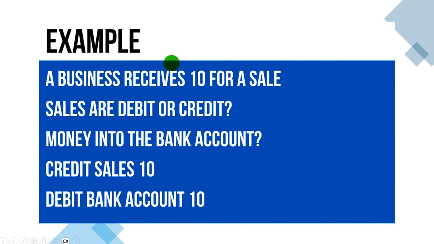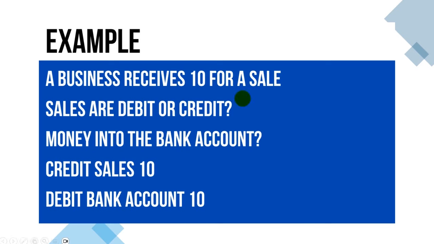The money was received into the bank account, so debit bank account, £10. Why is it debit? Well, we have to have a corresponding debit if we have a credit entry. We're crediting sales 10, so we need a corresponding debit. That money was paid into the bank account, so it's debit bank account.